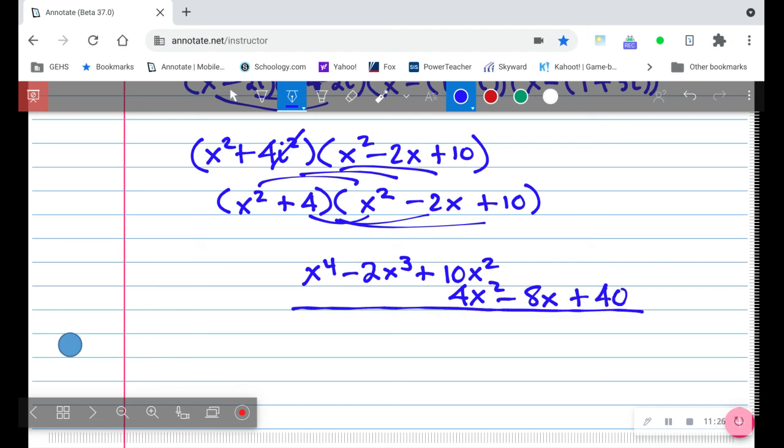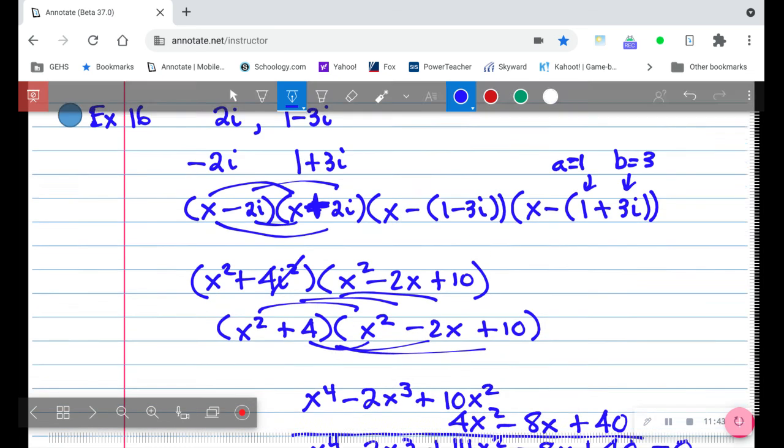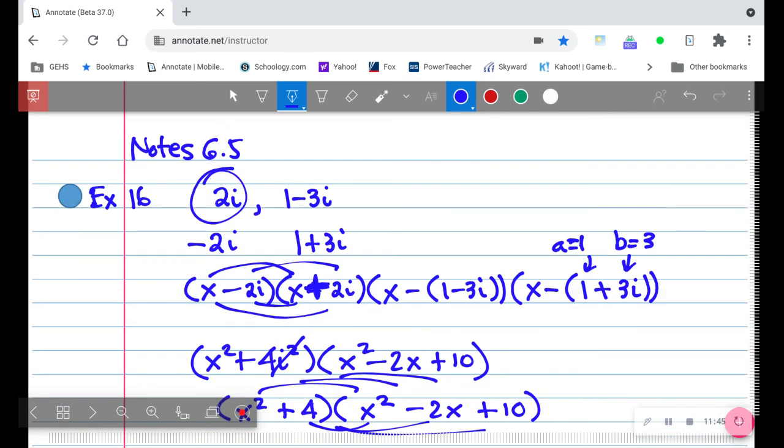Add our like terms, which are just those center ones. Here's the like terms. Finish off with equal 0. And you've got your equation that had these two answers and their conjugates.